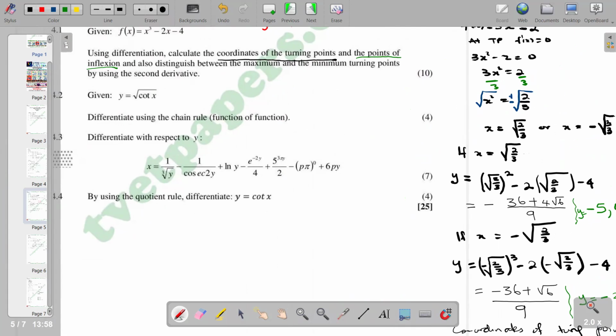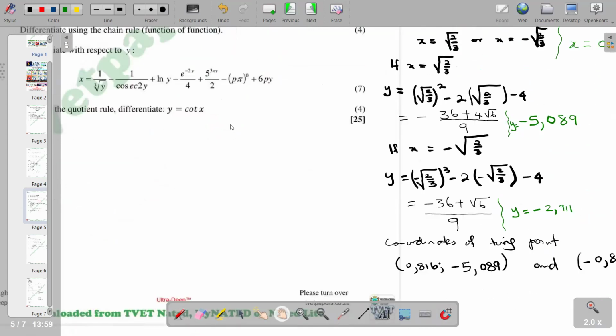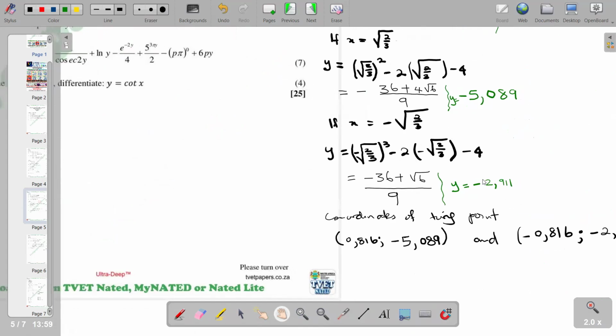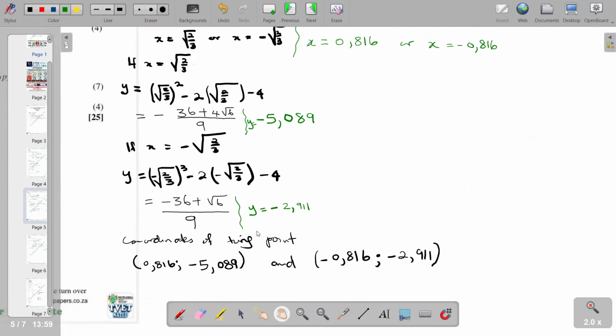So to get the point of inflection, it means we have to get the second derivative and equate to 0. So we now have coordinates at turning point here, so we are moving on to the next step.